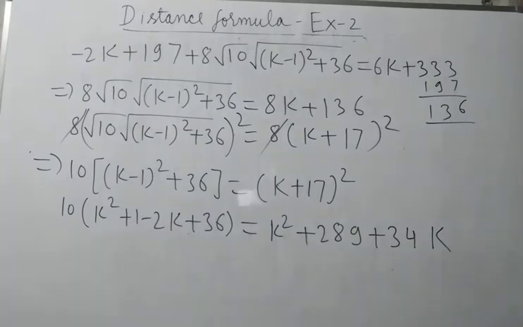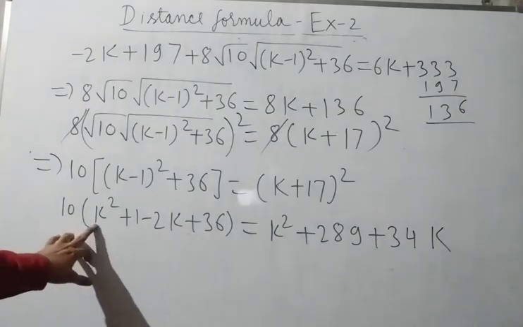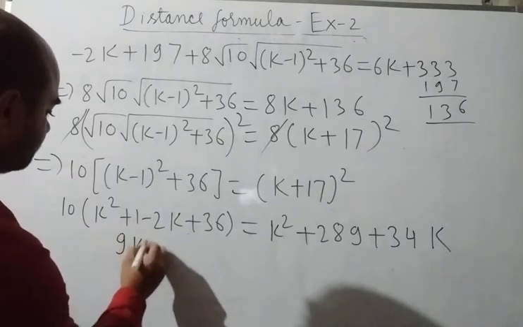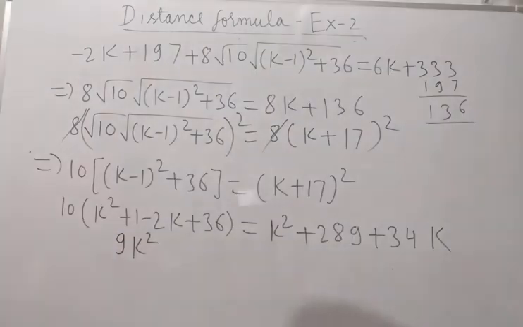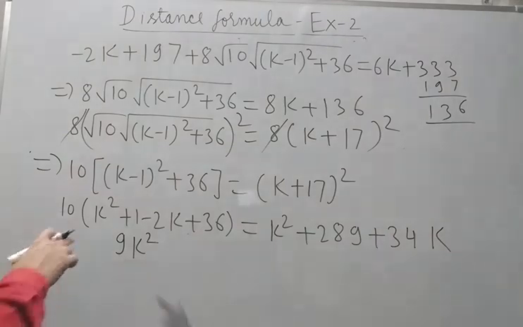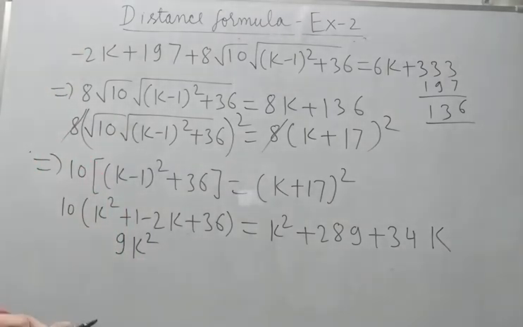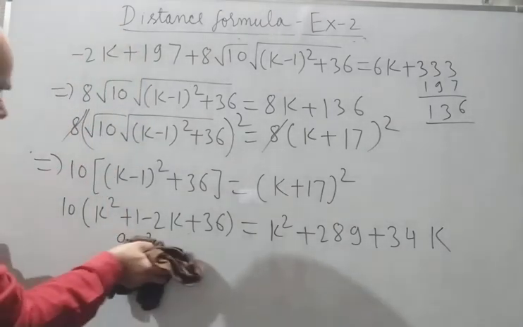So finally what will come? This will become 10k square minus k square, 9k square, clear? Then plus 10 plus 360, correct? So this will give 9k square and what is left? Or if any confusion is there, we can write like this.